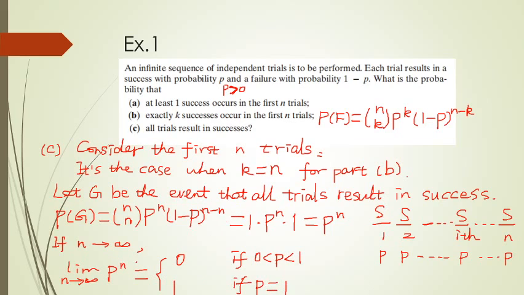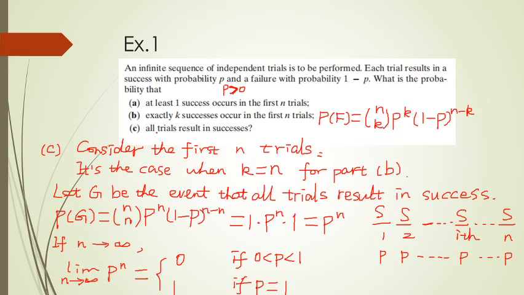That is the result from the series, which we haven't talked about. It belongs to the calculus part, how we get the final answer, because they haven't mentioned the first n trials.